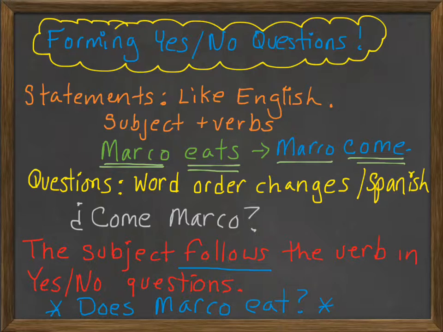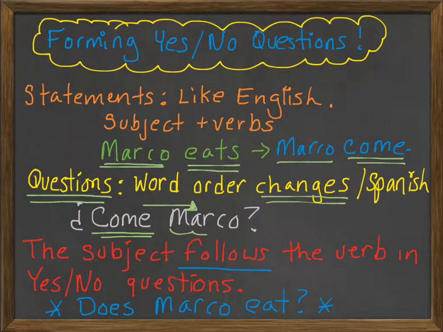So the change comes when we're looking at questions in Spanish. The word order changes. Instead of the subject coming before the verb, it's going to switch and come after. So instead of having Marco come, your verb is going to come first, followed by the subject, or the doer of the action, which in this case is Marco. So you get come Marco, and it becomes a yes/no question.